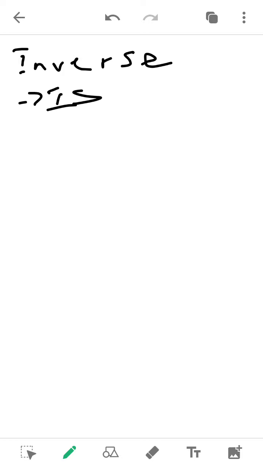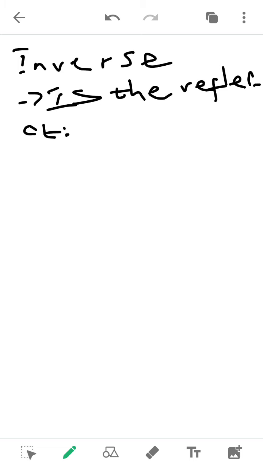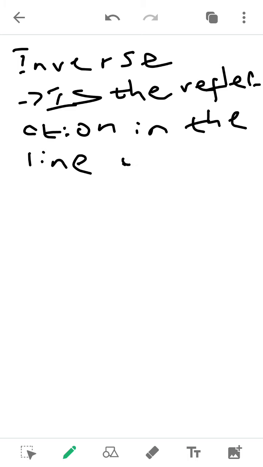An inverse is a reflection in the line y equals x.